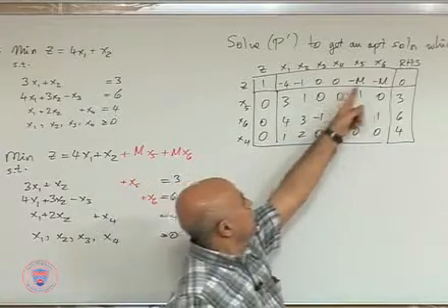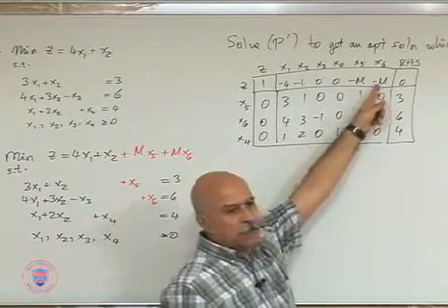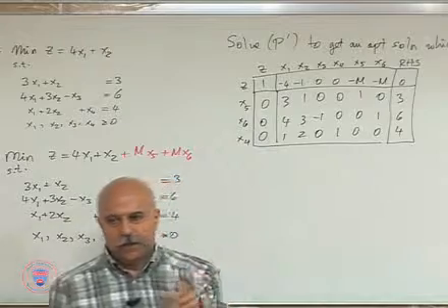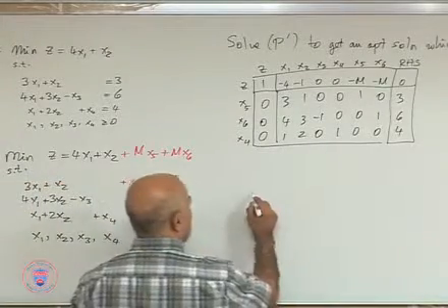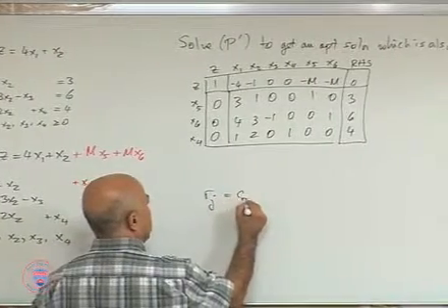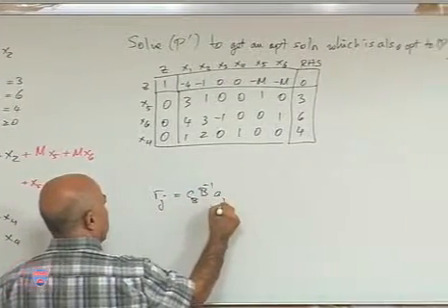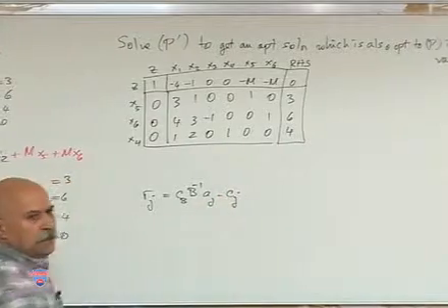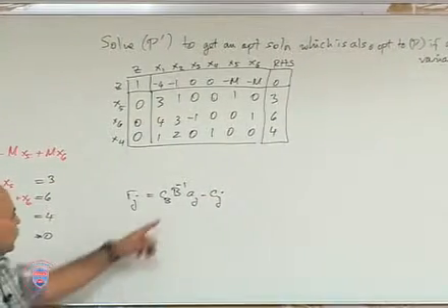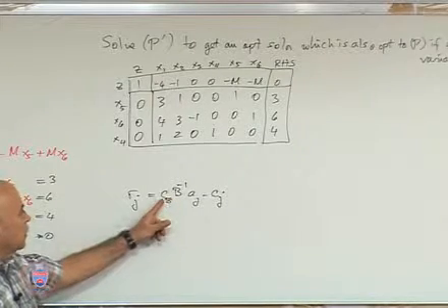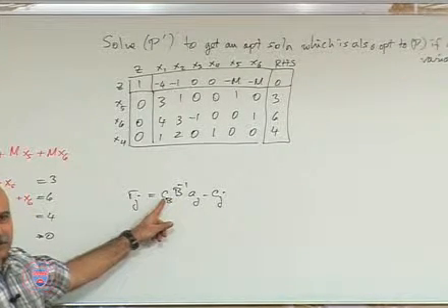I need 0 for x5 and 0 for x6 because the reduced costs are 0. You can compute your reduced cost using the definition Rj equals CB B inverse Aj minus Cj. This always gives you, that's the safe way of doing it. Of course, B here is identity, so what is CB in this case?